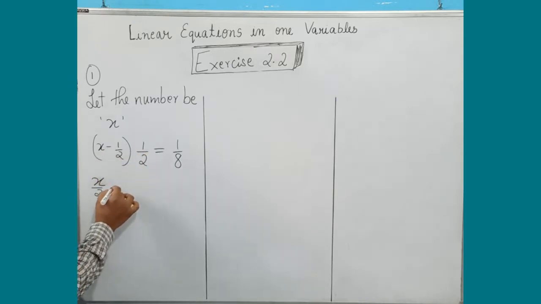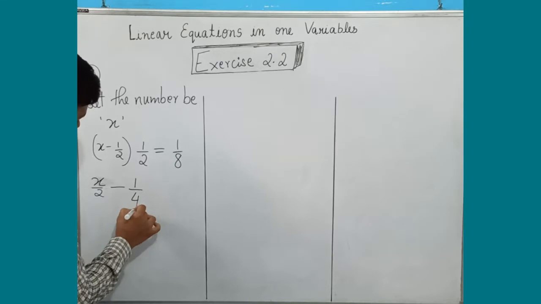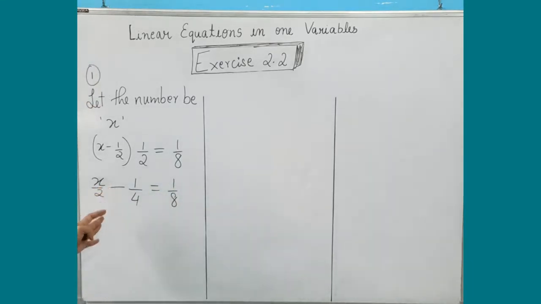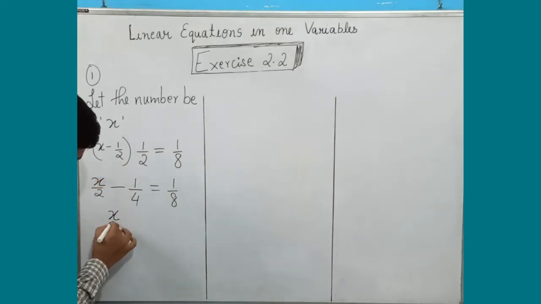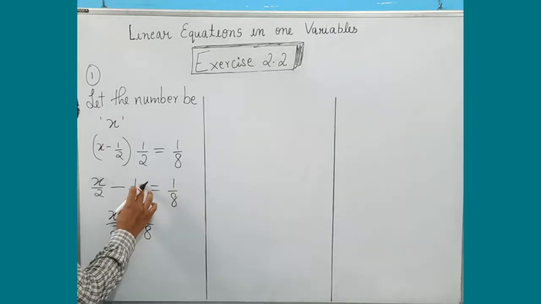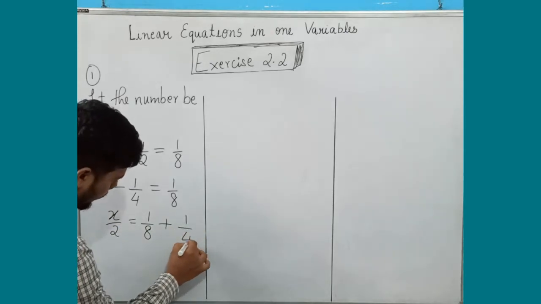Plus into minus, positive into negative, is negative. 1/2 into 1/2 will give me 1/4, equal to 1/8. Now I'll send this 1/4 to the other side. Here it is minus, when it goes to that side it will become plus. So x/2 will remain on the LHS, and 1/8 is already there on the RHS, and this goes that side, so it becomes plus 1/4.